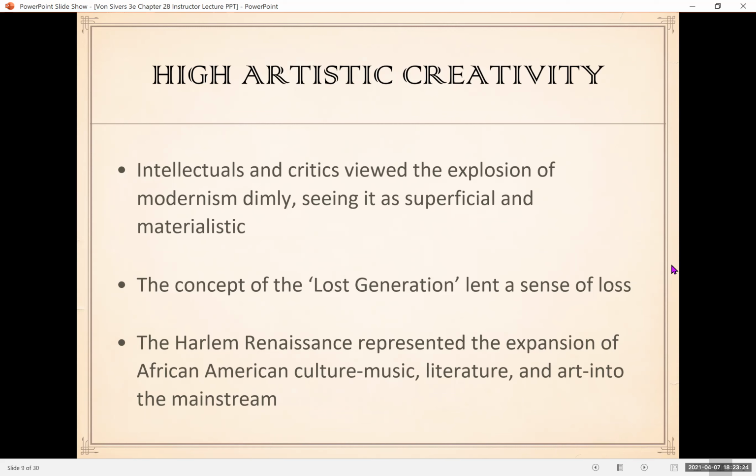But because of this consumer culture, and it was really consumer culture, people were spending money on all sorts of crazy stuff. And mixed in with this, and people tend to forget this, in America, we had temperance.